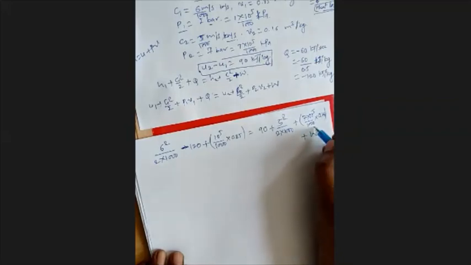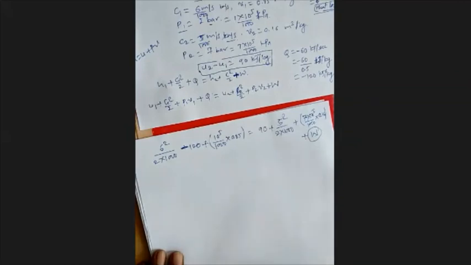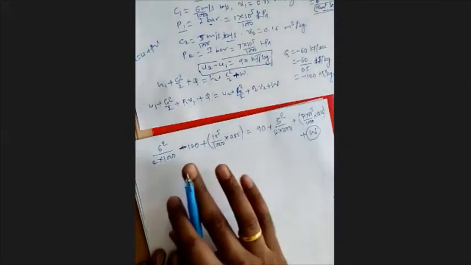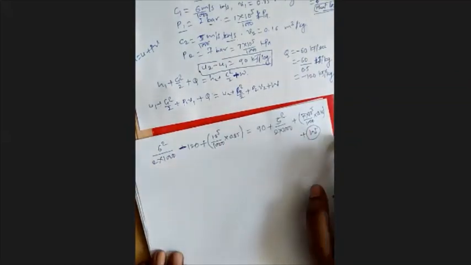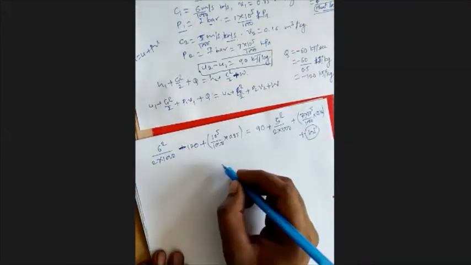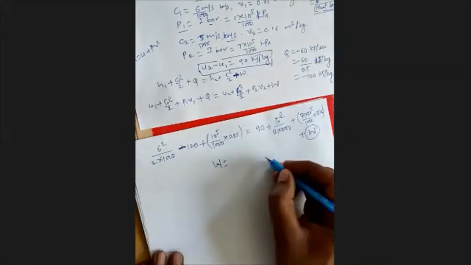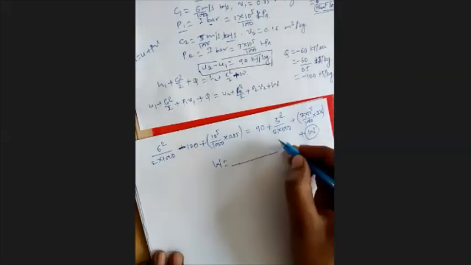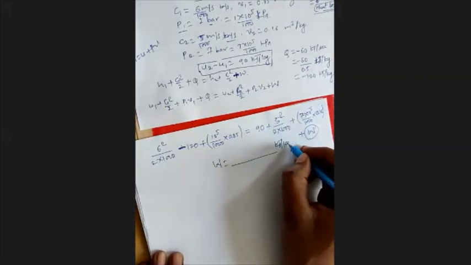This is the unknown that we need to find. So all the input is now included in the equation. So solve this one and let me know the value of W, that is going to be in terms of kilojoules per kg. Solve this one and let me know the answer.